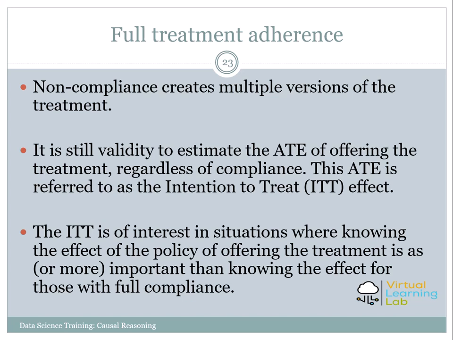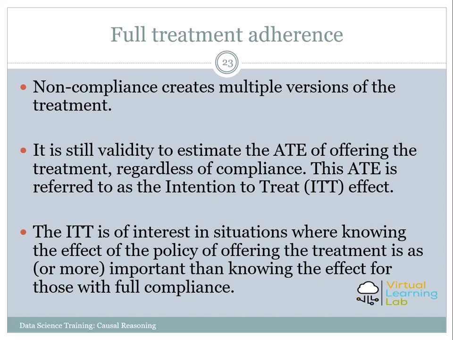And that is problematic. Now, you can still estimate a type of treatment effect known as intent to treat, which is not the effect of receiving the treatment, it's the effect of being offered the treatment. This is used a lot in epidemiology, for example, the effect of offering a vaccine.